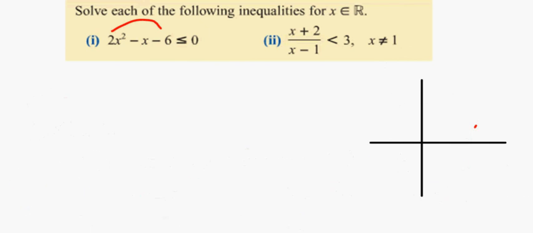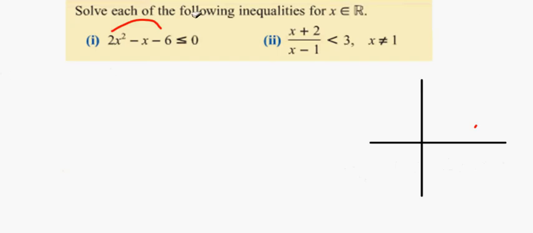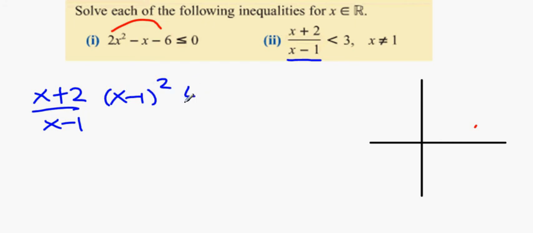And in part 2, once again, we don't know if this is positive or negative, so we're going to multiply both sides by x minus 1 squared. And that's going to be less than 3 into x minus 1 squared. Alright, this one will cancel with this one here.